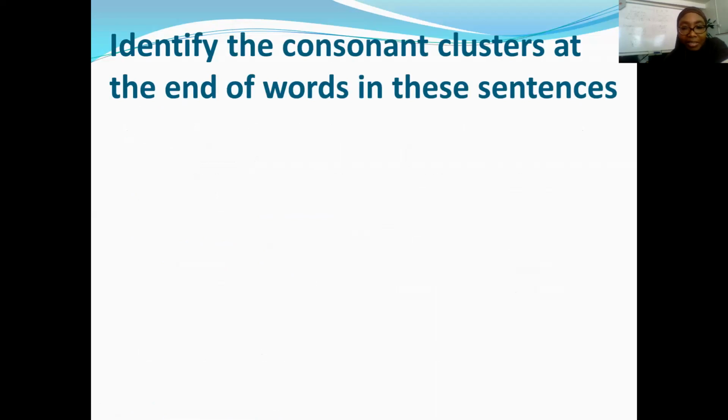Now another exercise. Let's see how well you can fare with this. Identify the consonant clusters at the end of words in these sentences. Ready? Okay. You can see the words and the sentences on your screen.